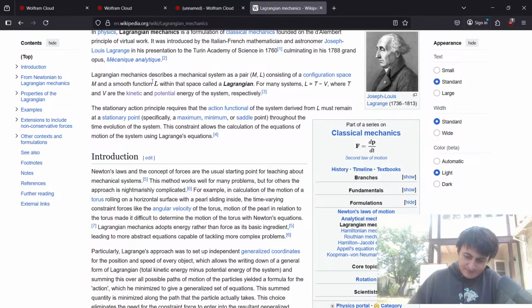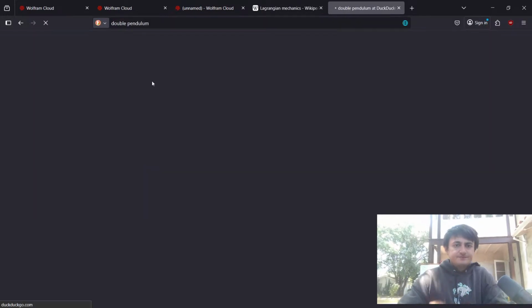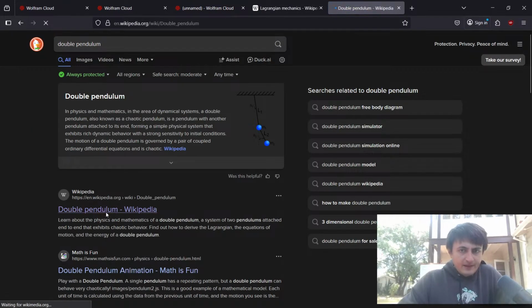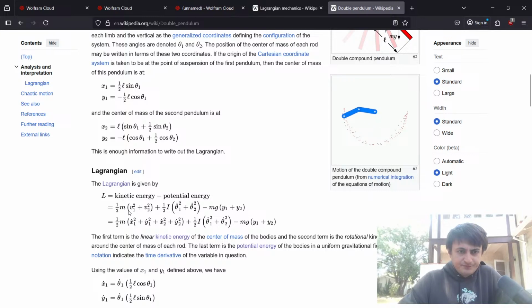The kinetic energy of the system, let's look at the double pendulum, is going to be, right, exactly, because we get 1/2 mv squared. I don't know what this is.